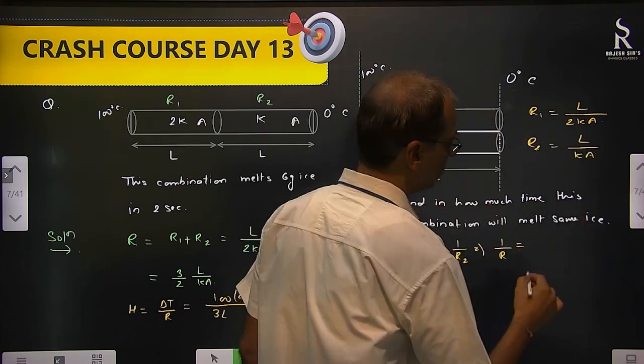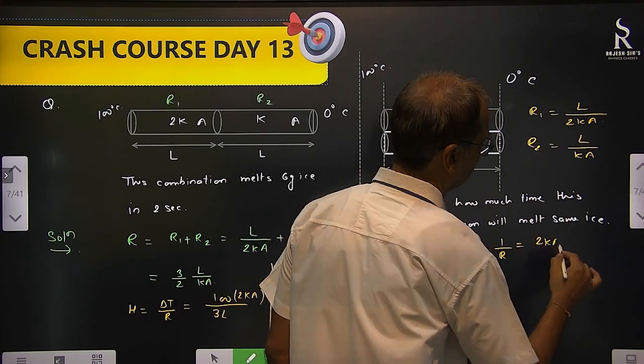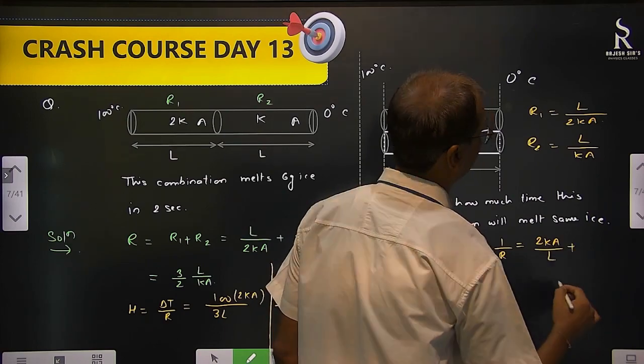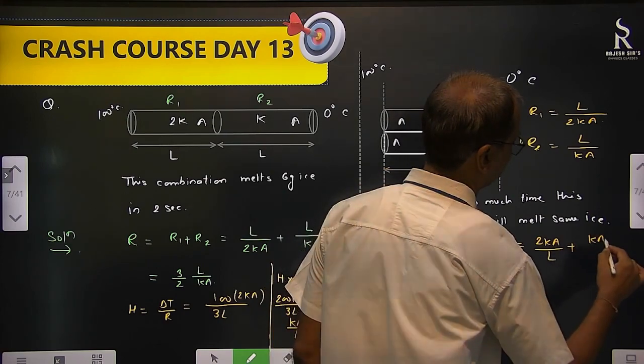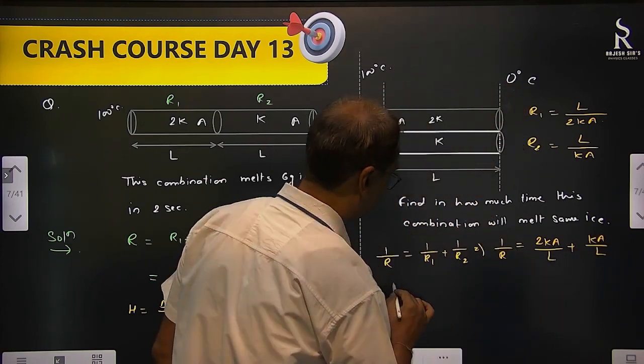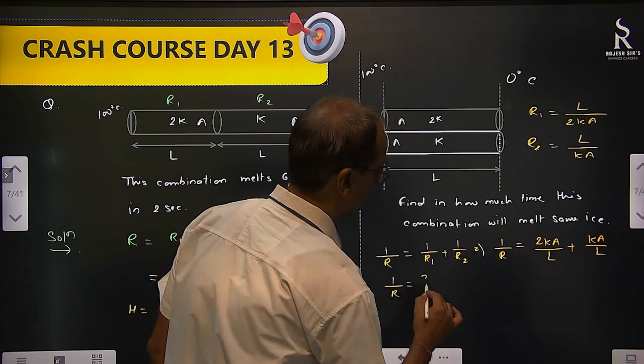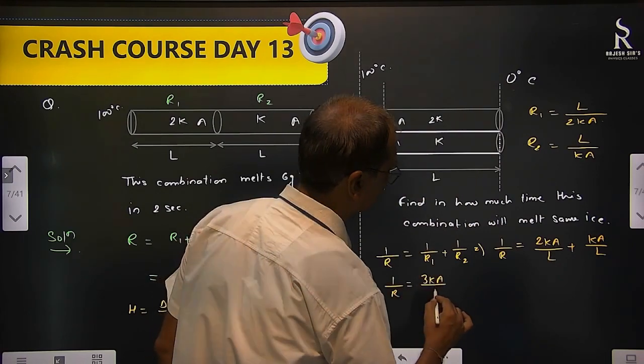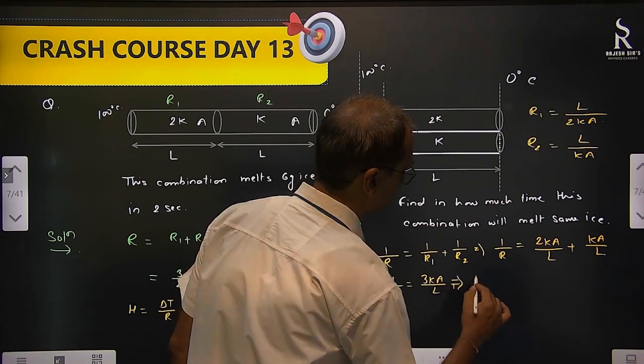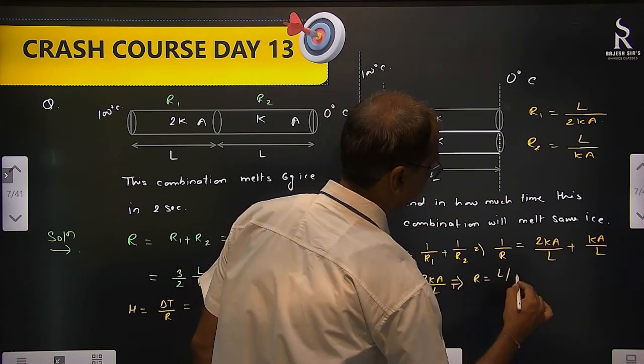So 1 by R1 means 2Ka by L and 1 by R2 means Ka by L. So 1 by R is equal to 3Ka by L. So R is equal to L by 3Ka.